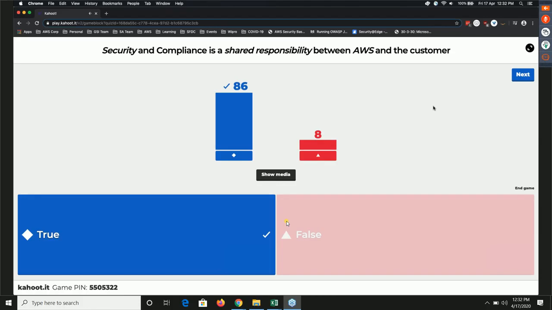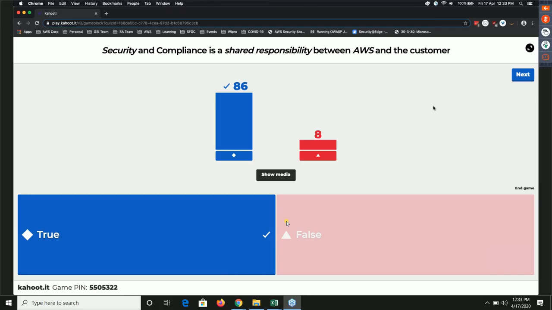Absolutely correct. It is a shared responsibility. So AWS is responsible for security compliance of the cloud, and customers are responsible for security in the cloud, right? What changes is that when you use EC2 or containers, you're still responsible for containers and applications within the EC2 instance.